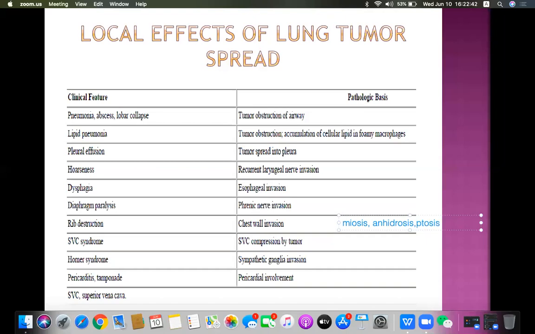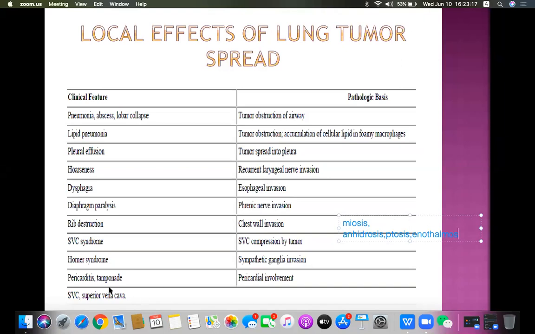Ptosis means drooping of the upper eyelid. The upper eyelid is drooping downwards. That is called ptosis. And the last one is called enophthalmos. That means the eyeball is going inward. Okay, it looks like a shrunken eyeball. So these are the 4 features of Horner syndrome, and they occur because of the damage of the sympathetic neuron in that area.